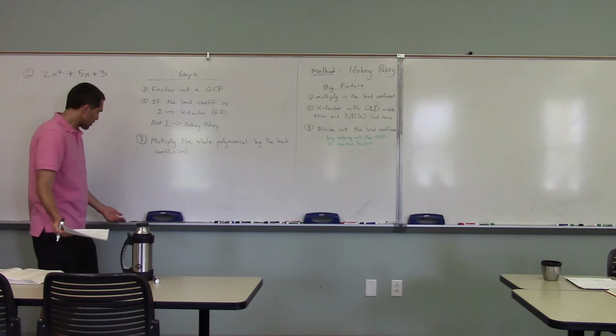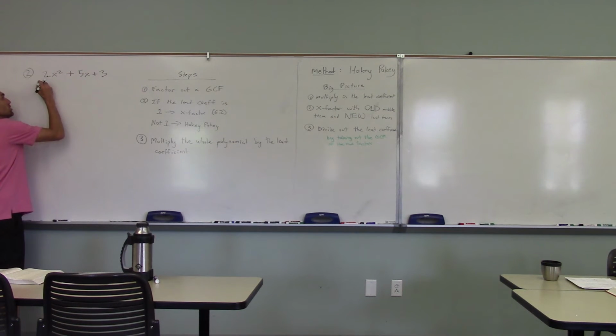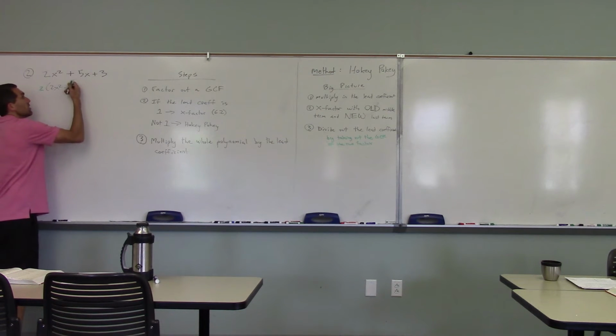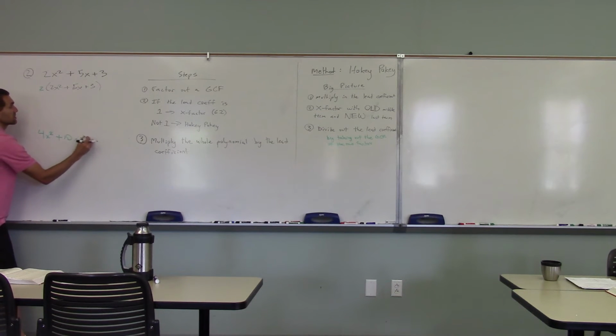The lead coefficient here is 2. So let's multiply the whole thing by 2. 2 times this, we get 4x squared plus 10x plus 6. Boom, got it.